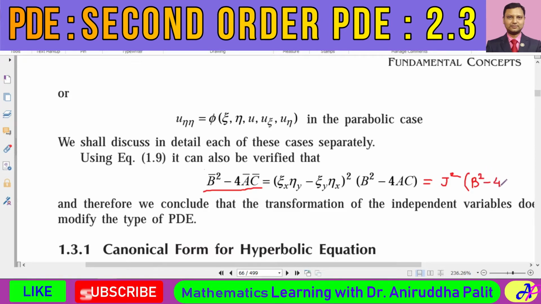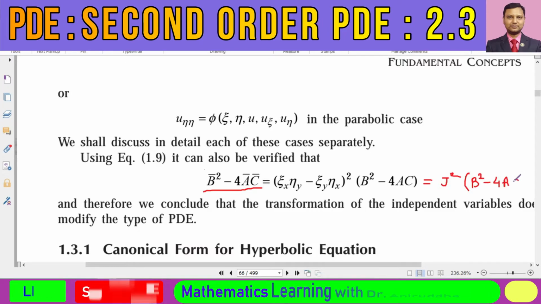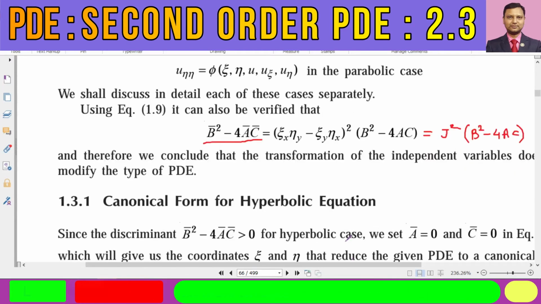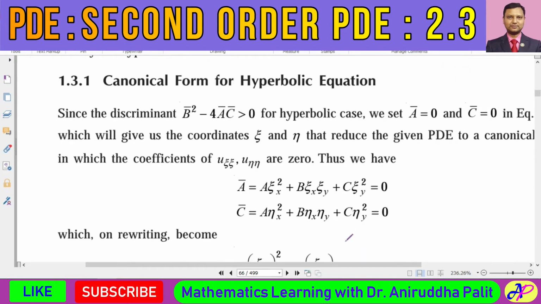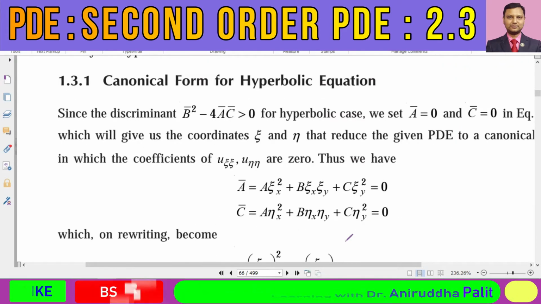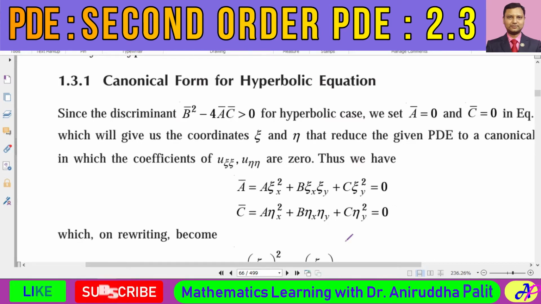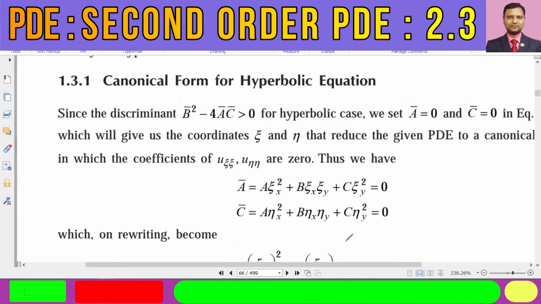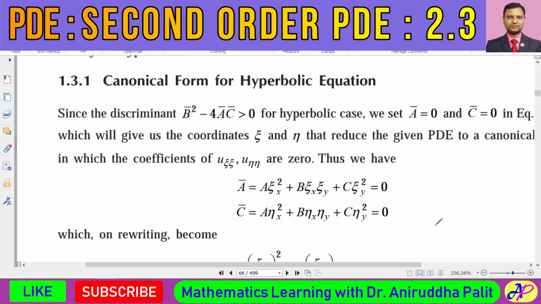It can be proved that this relation holds. Now today I am going to discuss the canonical form of hyperbolic equations, and I shall discuss an example, and if time permits I will try to discuss the canonical forms of parabolic equation as well.